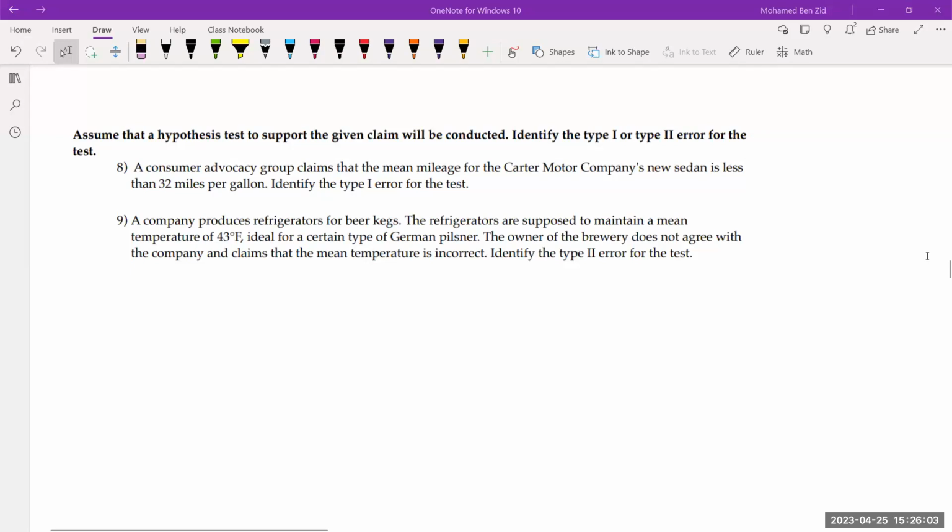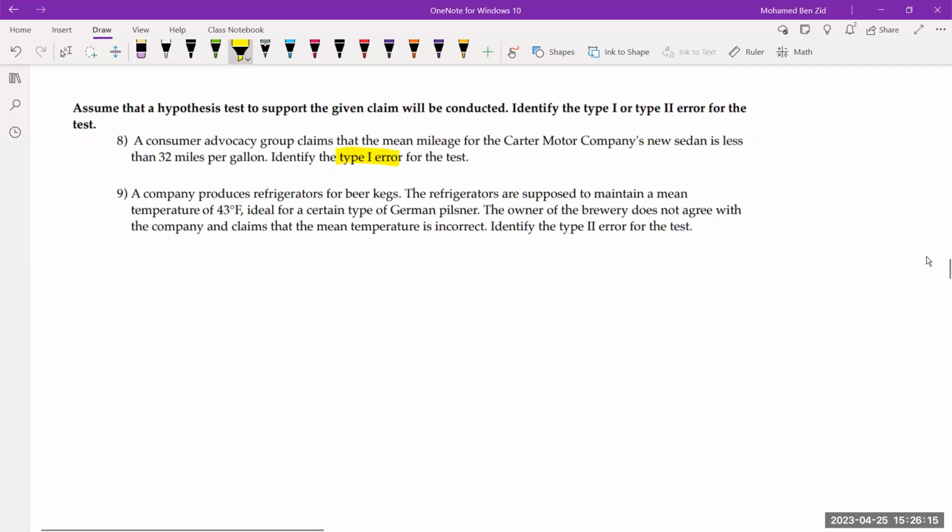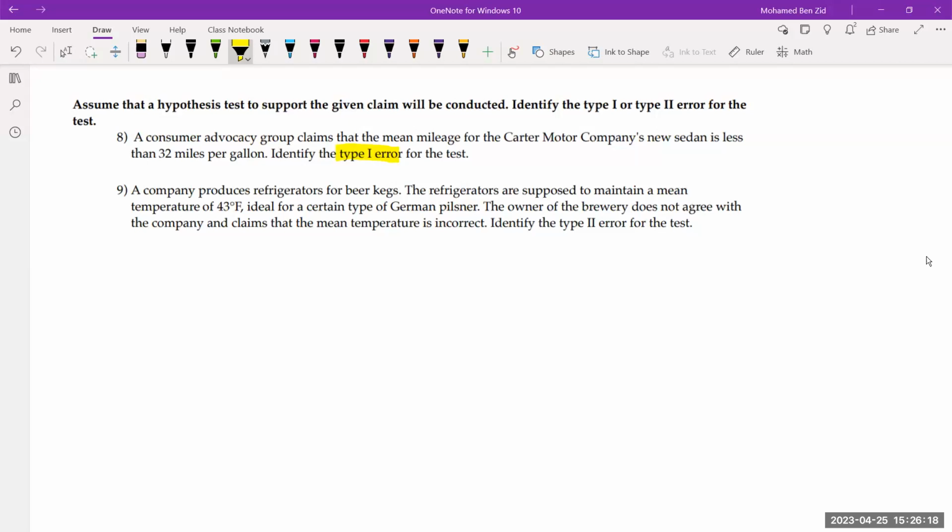So this is question number 8. And what we want to do here is figure out what is type 1 error for this scenario. First of all, you need to write your hypothesis before defining type 1 or type 2. The claim here is that the mean mileage for the Carter Motor Company's new sedan is less than 32 miles per gallon.